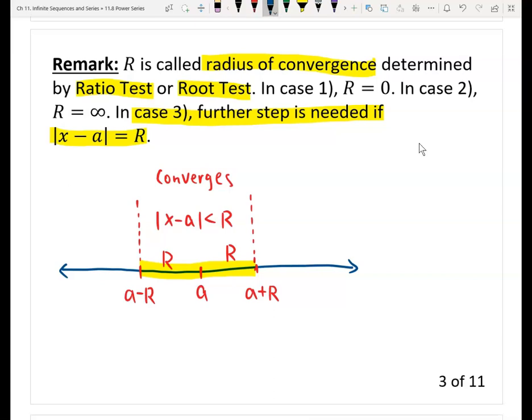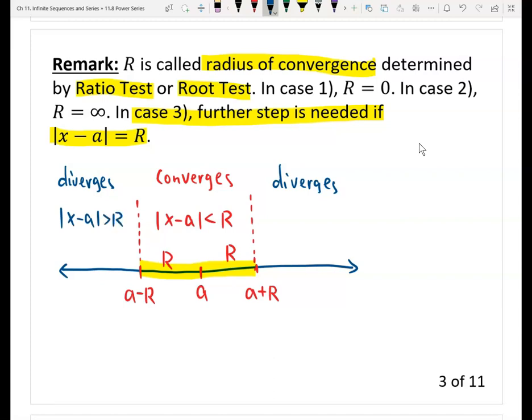Remember? So how to describe it? This side diverges, and this side also diverges, right? If we describe it this way, the absolute value of x minus a is greater than r.